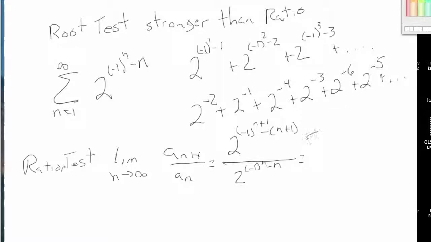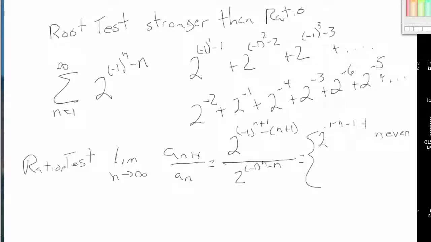Well, I'm going to have two cases here. If n is even, then negative 1 to the n plus 1 is going to be odd, so negative 1 to the odd is negative 1. So I get 2 to the negative 1 minus n minus 1.